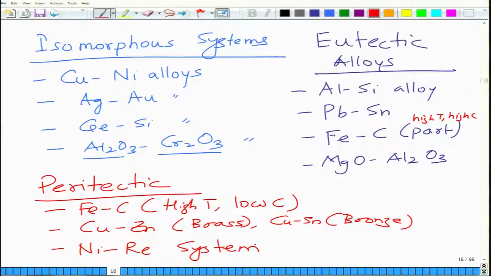Often in many alloys, the phase diagram is not only eutectic or peritectic or isomorphous, it's a mixture of a few reactions. So you can have several reactions taking place in a single phase diagram.